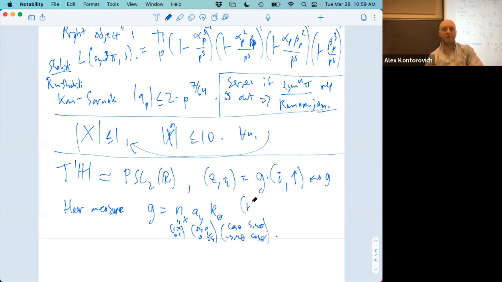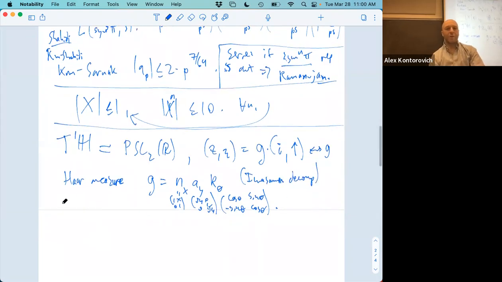So this was the Iwasawa decomposition. And in these coordinates, the Haar measure dg is dx dy over y squared d theta. And this is invariant under all of G, the invariant measure under all of G.